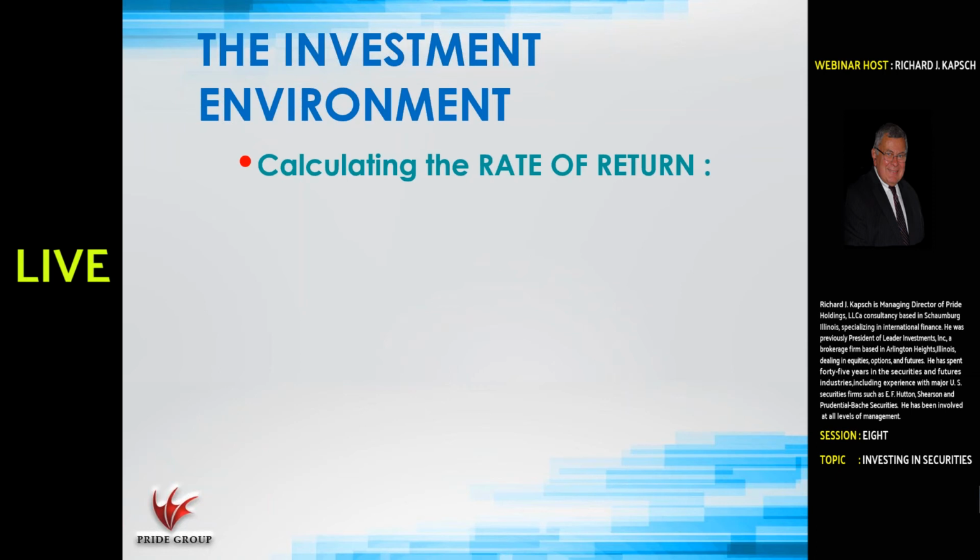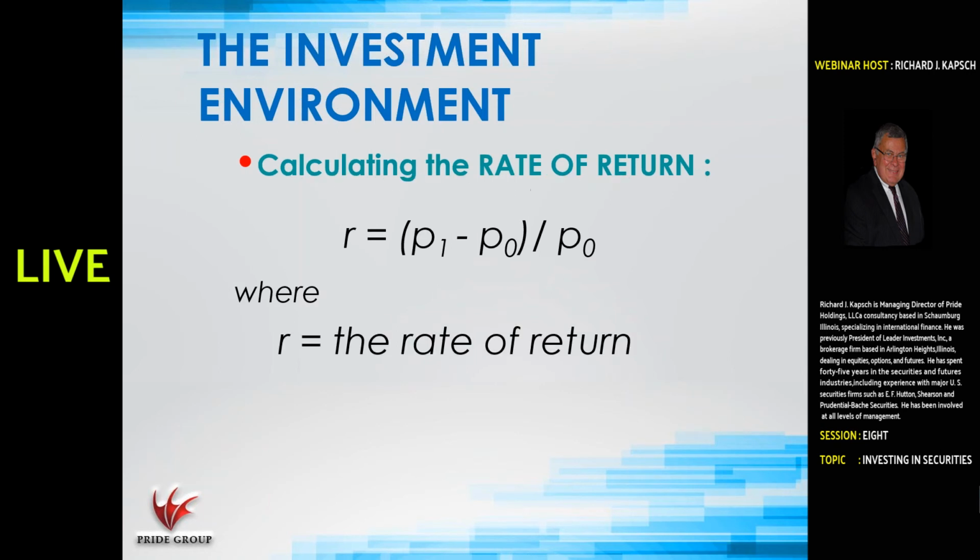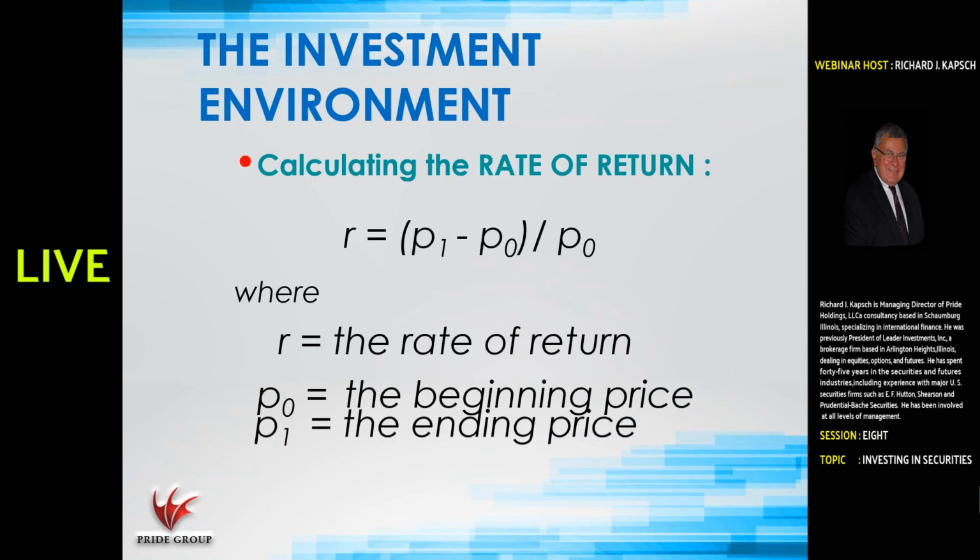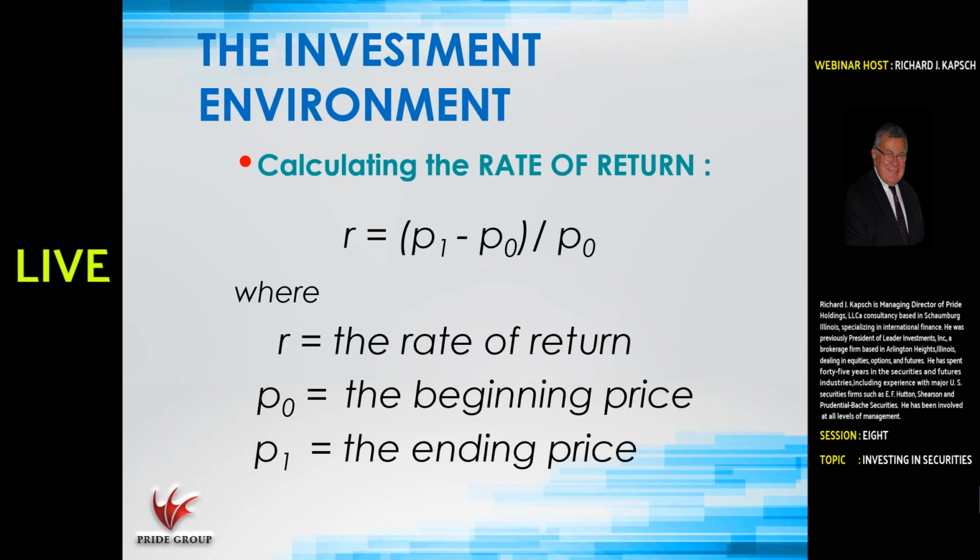The rate of return is calculated as R equals P1 minus P0 divided by P0, where R is the rate of return, P0 is the beginning price, the price at which we make that investment, and P1 is the ending price, the price at which we sell the investment. That's simply a review of what we did in week 3. In investing, we're really interested in estimating the rate of return that we're going to get from a particular investment. Remember, that rate of return has to compensate us for the risks that we associate with that investment.